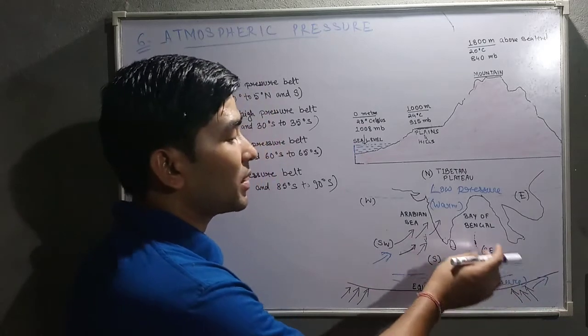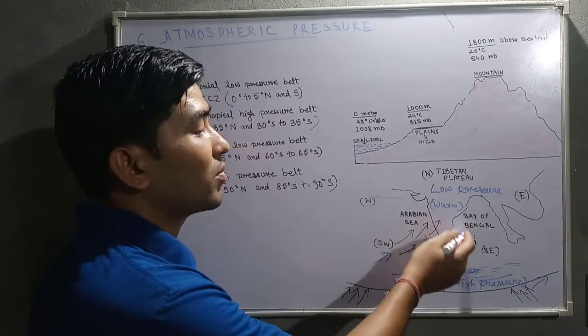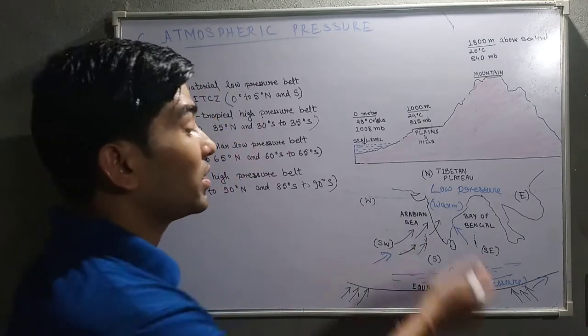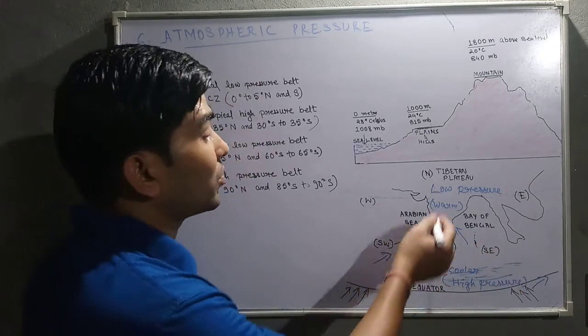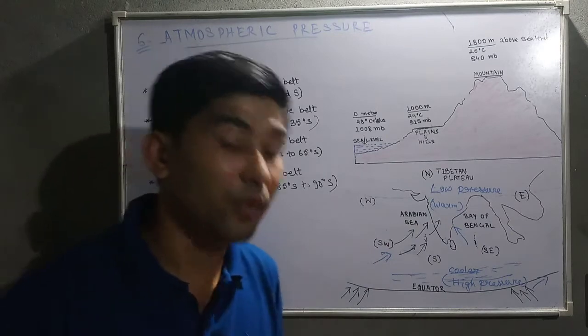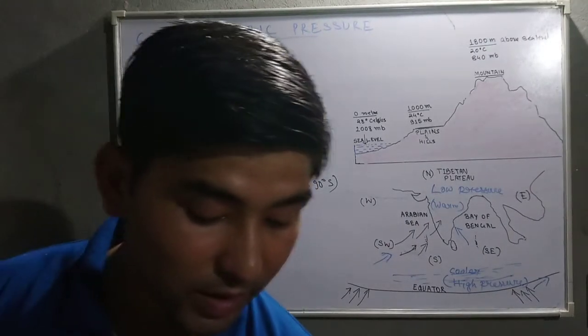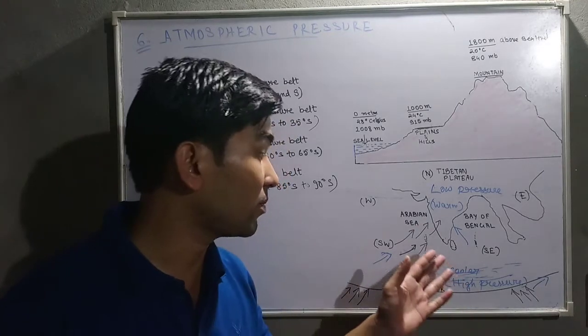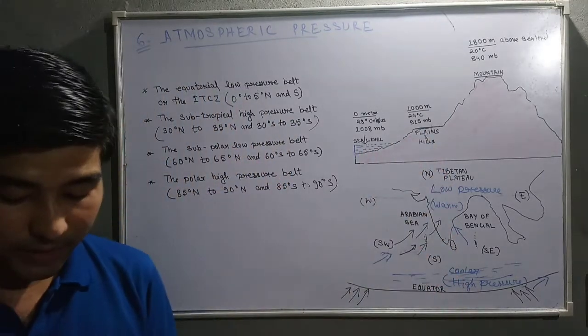Actually, it must enter India from the southeastern side, from here, but it doesn't enter from here. It enters from the southwest because of the Coriolis force. Like this, the rainfall starts from Kerala and spreads all over India.